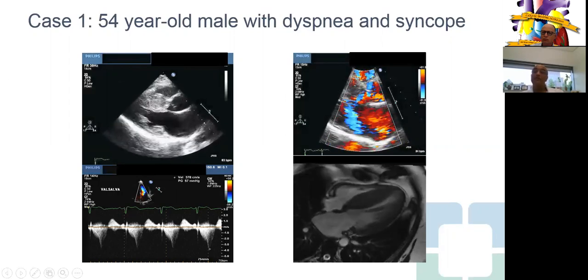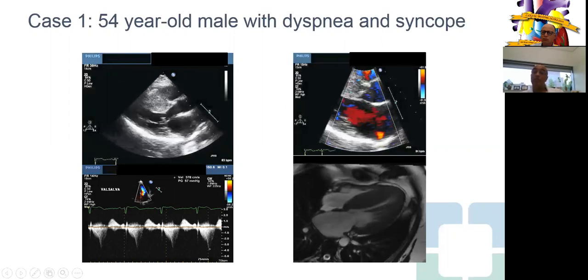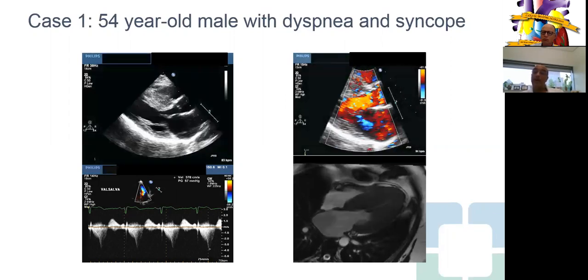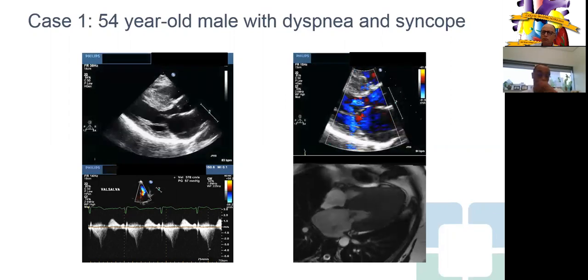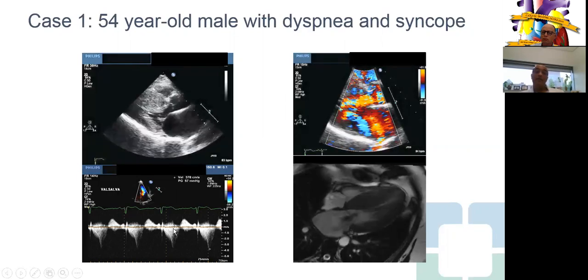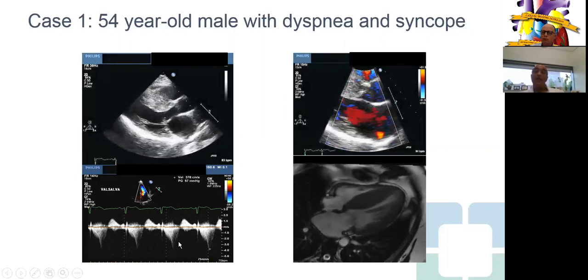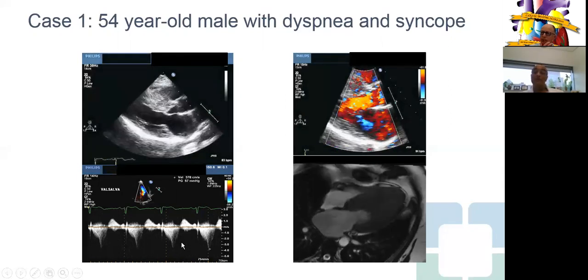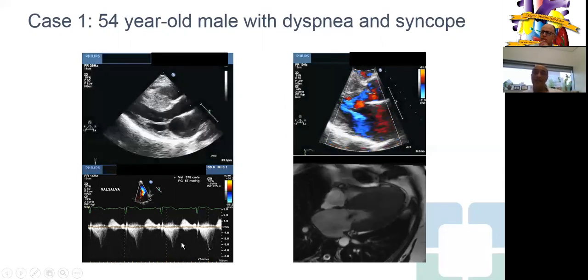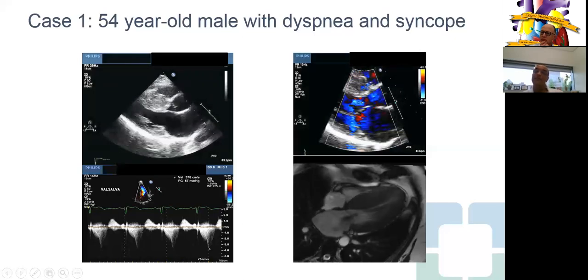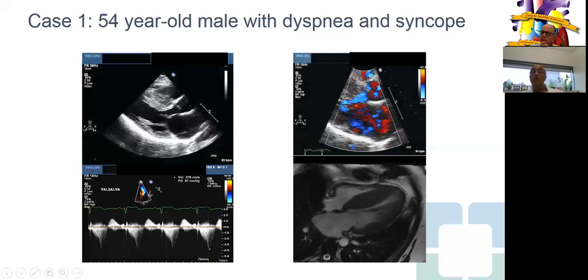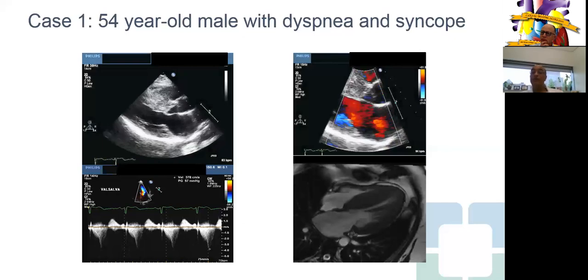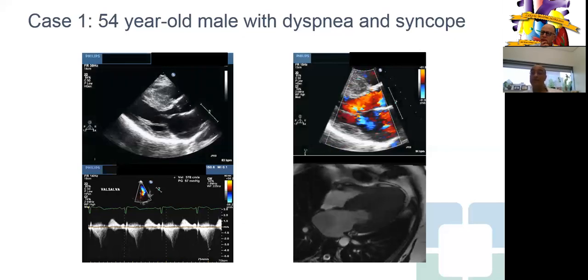Top right suggests a significant posteriorly directed jet of MR and outflow tract turbulence. There is this characteristic late peaking dynamic outflow tract gradient that is over 50 millimeters, suggesting severe dynamic LVOT obstruction. And the CMR confirms what we just saw in terms of very severe massive hypertrophy and significant mitral regurgitation.